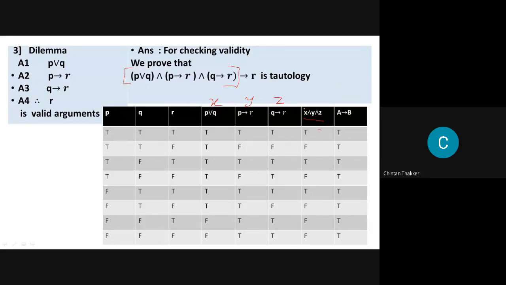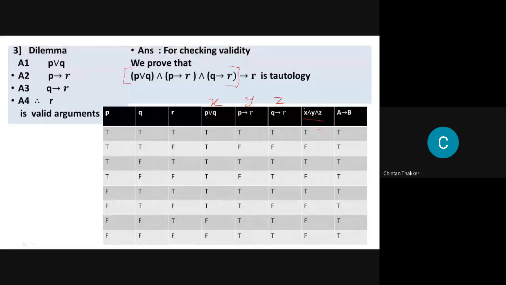Similarly for 5, 6, 7, and 8: if all three are true, we have true. If any one or more than one are false, we have false.